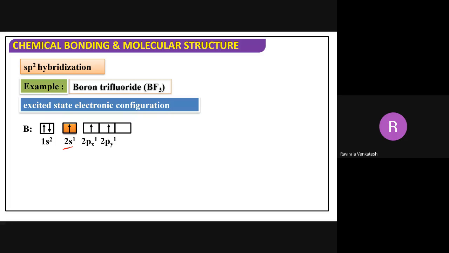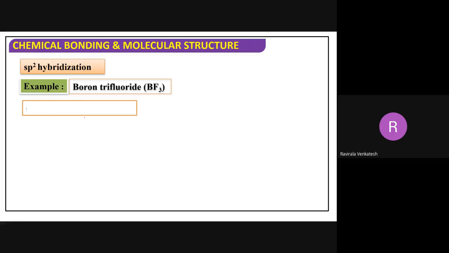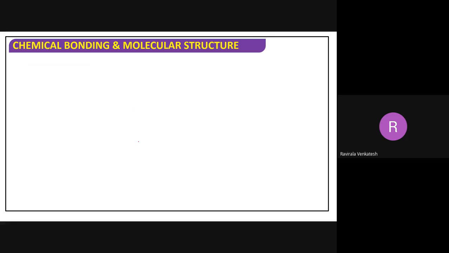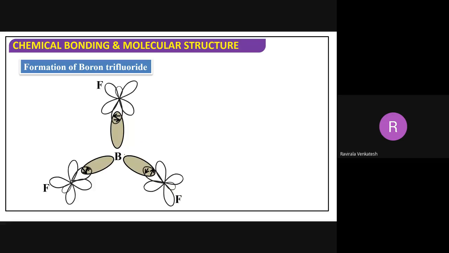One s orbital and 2 p orbitals now are involved in the hybridization, and we get sp2 hybrid orbitals like this. Now this sp2 hybrid orbital will overlap with the p orbital of fluorine.